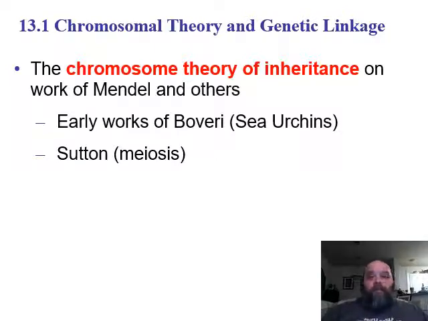So, Boveri, sea urchins, these chromosome things, and a lot of his work is also based on the work of the second person we marked here, Sutton. Sutton is actually one of the first to study what we now call meiosis, and the lining up of the tetrad, the separation of the homologous, and the separation of the sister chromatids in meiosis too.